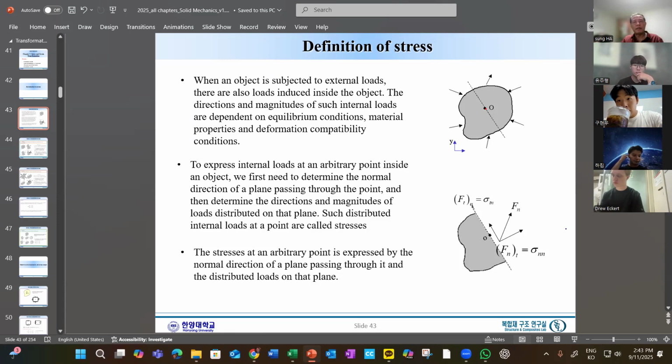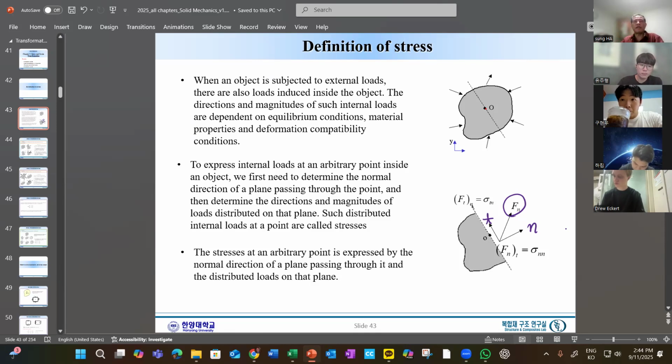This is pretty much conceptual at this point, but if we cut this body through that O, with a certain plane direction, then this is n, and this is t. This is a kind of vector which represents the surface.